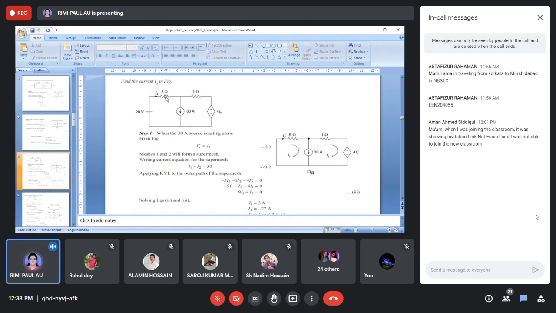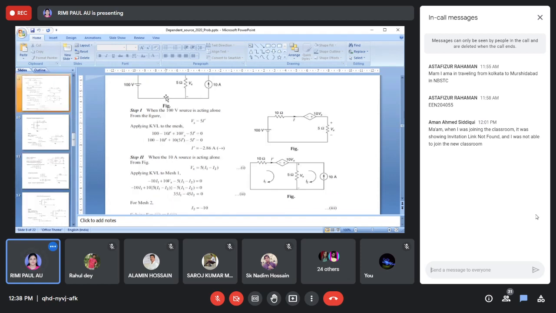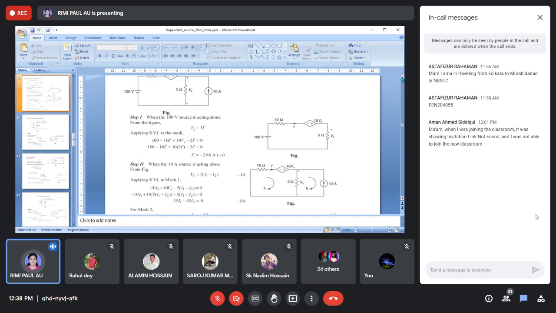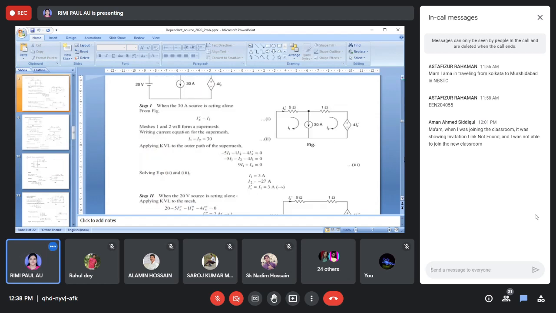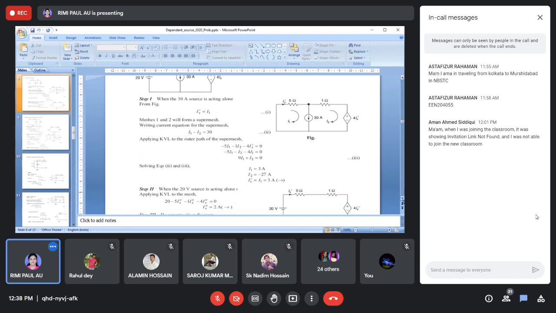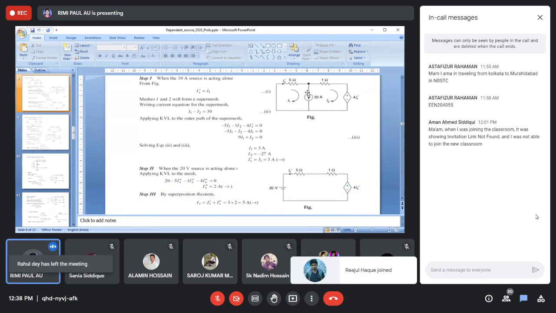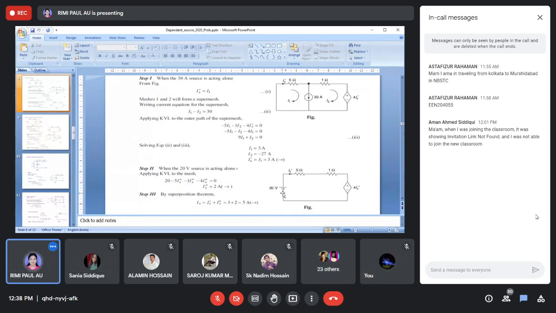In the second step, this current source is removed and only the voltage source is present. Now find the branch current Ix double prime.